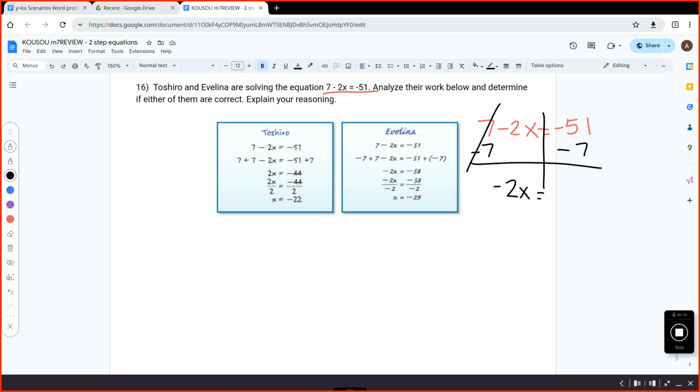Then we have here negative 2x is equal to negative 51 minus 7. Be careful here, right? Because you have a negative minus a positive. So we do keep, switch, switch, or keep, change, change. And you get negative 58. Okay, and now we're going to divide each side by negative 2. And we get x is equal to 29.